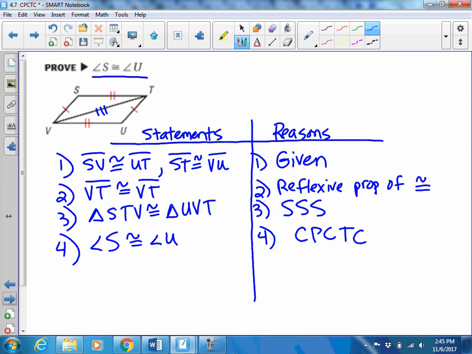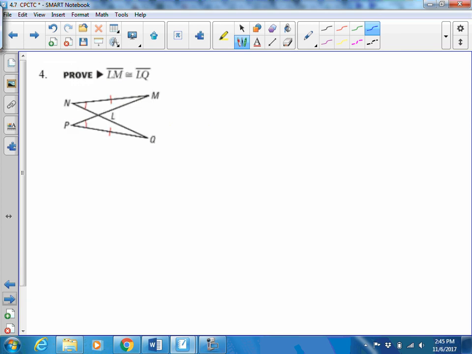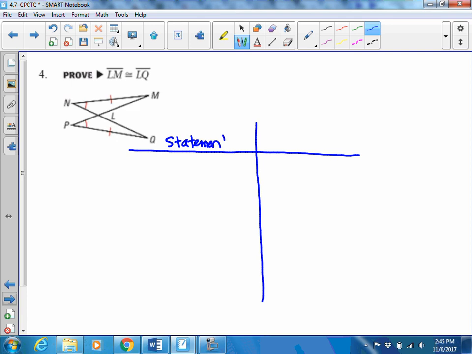Okay, one more proof. Get your columns set up, and we will continue on this one. And go ahead and enter givens. So I have a segment and an angle.